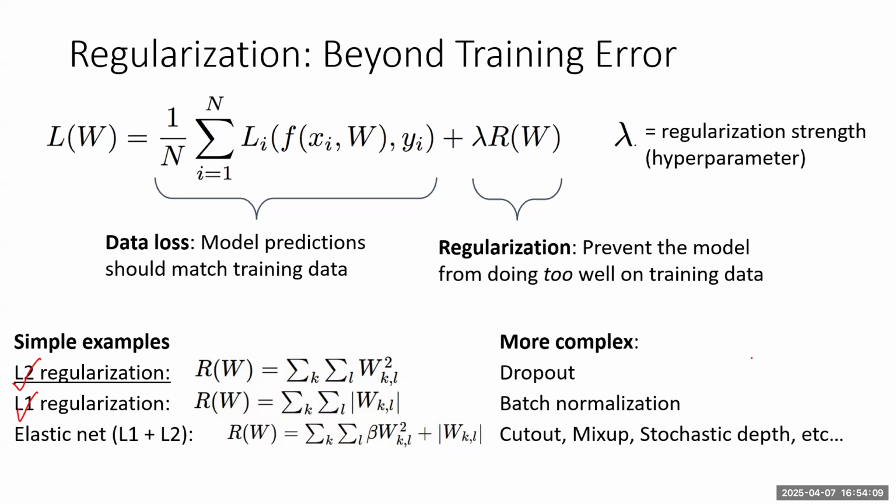Sometimes we combine both of them. As you can see, square plus modulus. This is good because we're adding two contributions to that one, right? But it has one drawback. What is this drawback? This beta. What is this beta? Parameter. Exactly.